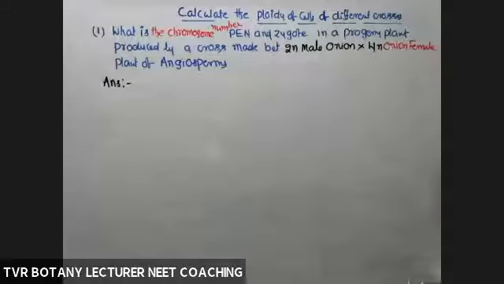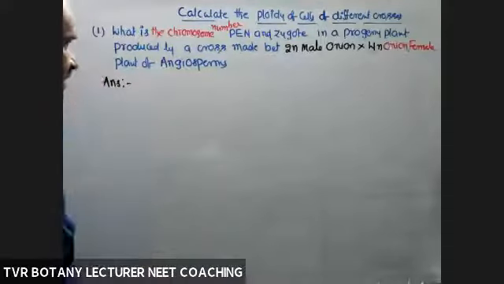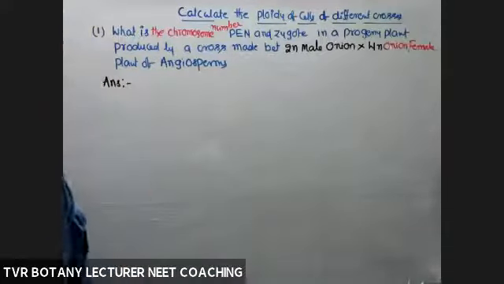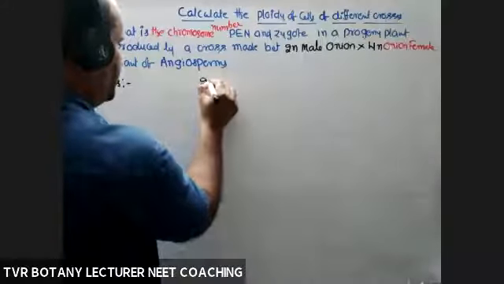Okay, right? Now, what they're asking is chromosome number, not the ploidy. So to decide chromosome number, we should know the ploidy. So you can answer what is the ploidy of a cross between these two.